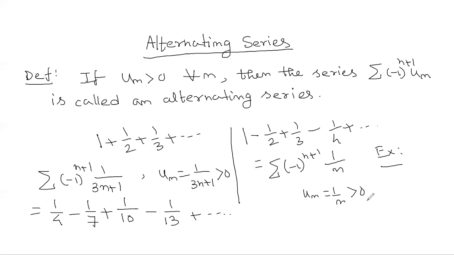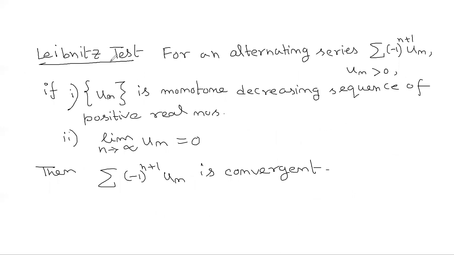Now, like series of positive real numbers, we have already discussed the convergence and divergence of series of positive real numbers in other videos that you can follow on my YouTube channel. So here we'll discuss the convergence and divergence of alternating series. For this we have Leibniz test, for checking whether a given alternating series is convergent or divergent.